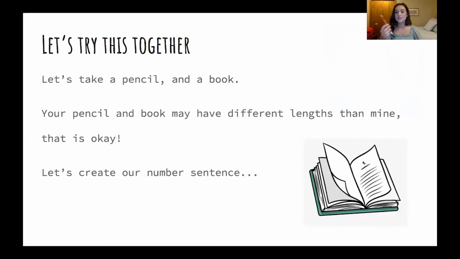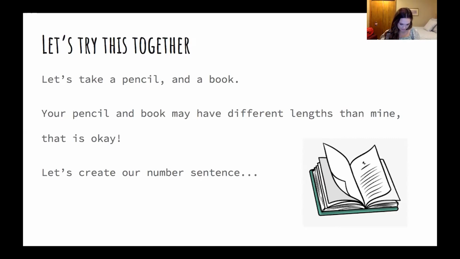It's an orange pencil, and again, your pencil and book are probably going to have different lengths than mine, but you can do mine and yours at the same time. If you're watching, it'll be the same process. So start by measuring that pencil. Remember to start at inches here at the bottom.